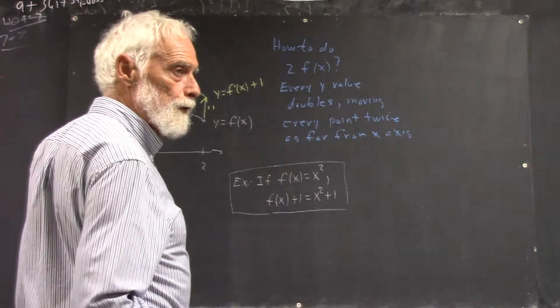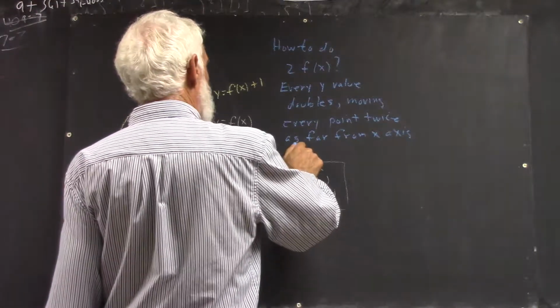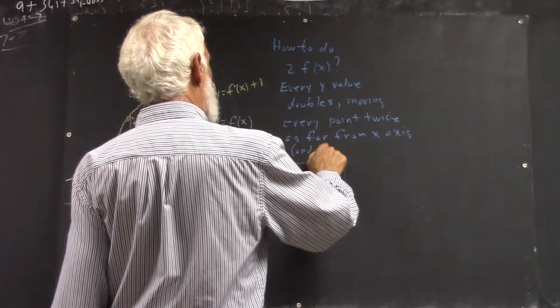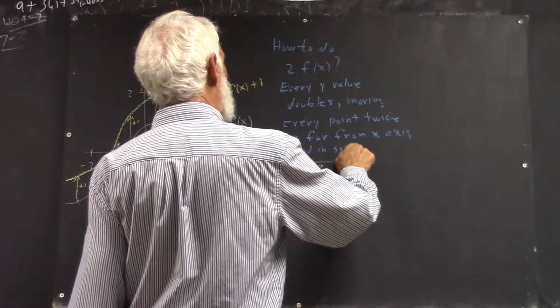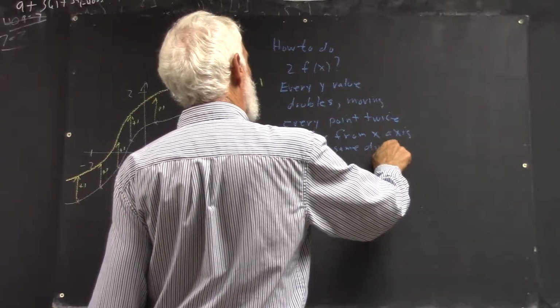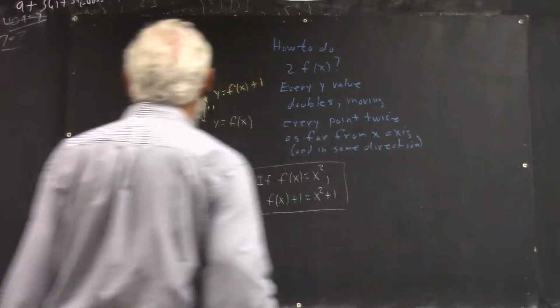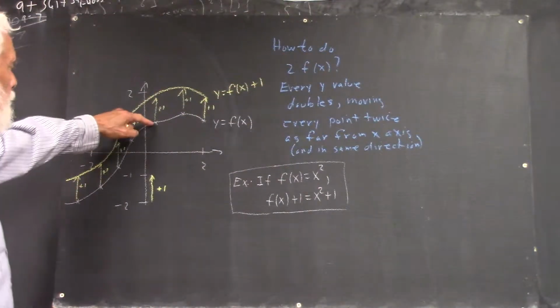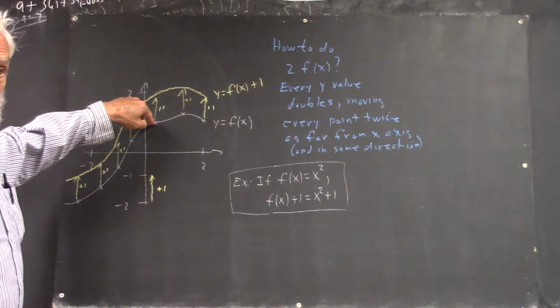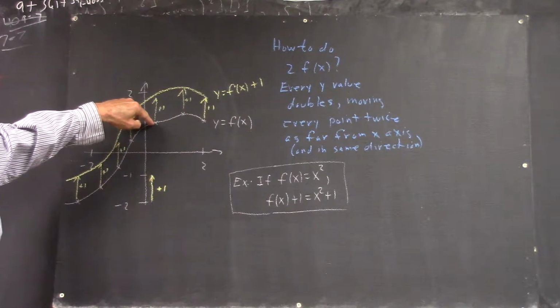Moving every point twice as far from the x-axis and in the same direction. Okay, so let's just take this point. Can I draw an arrow that shows how far this point is from the x-axis?